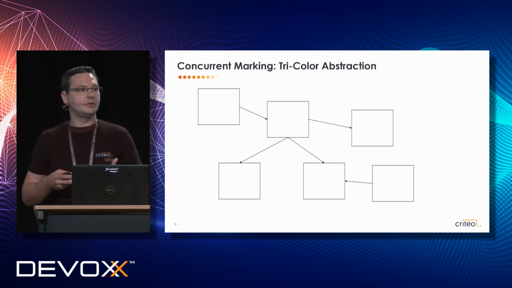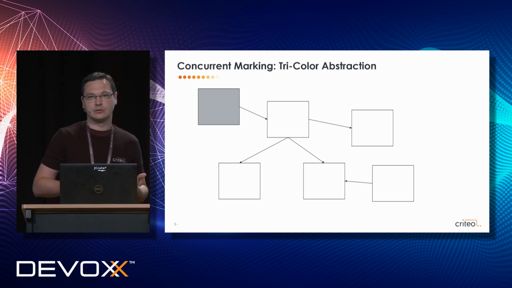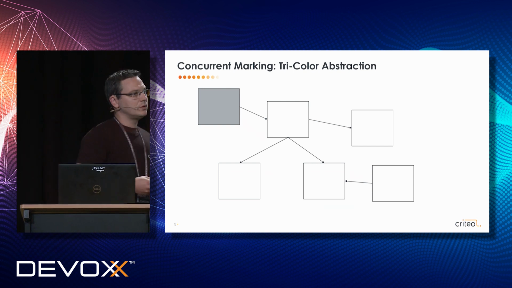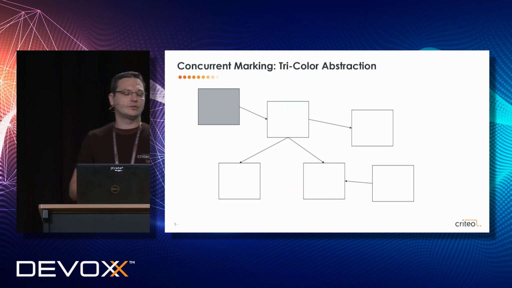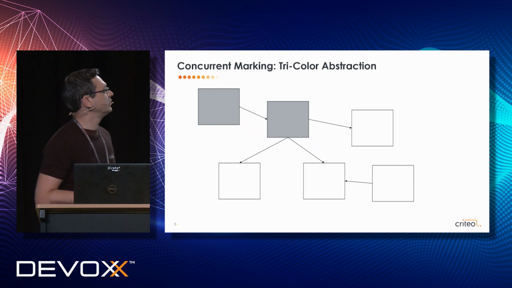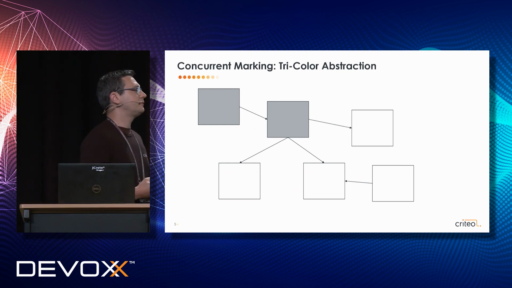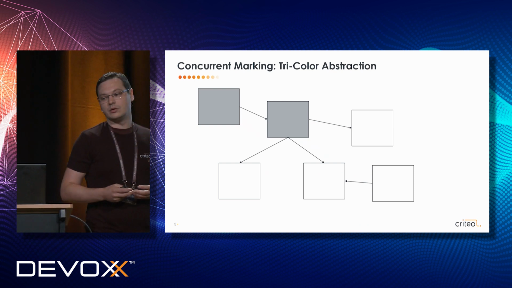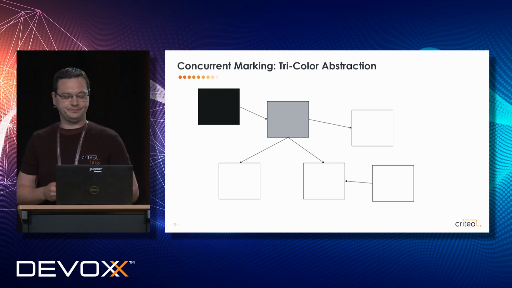When we begin with the GC roots, we mark this object gray. Okay, we have traversed this object, and then we will continue with all the children of this object, and we will mark those children. There is only one in this case, so we mark this object gray, and once we have finished marking all the children of the first object, we mark it black.